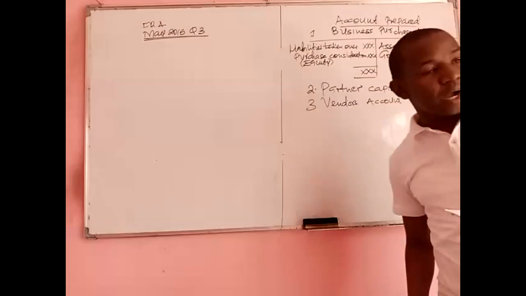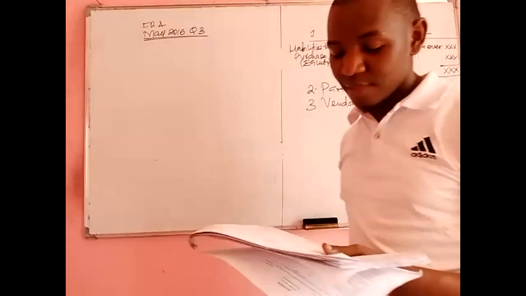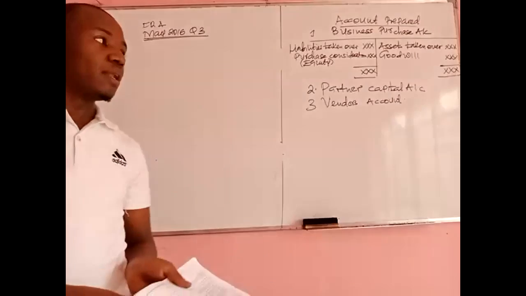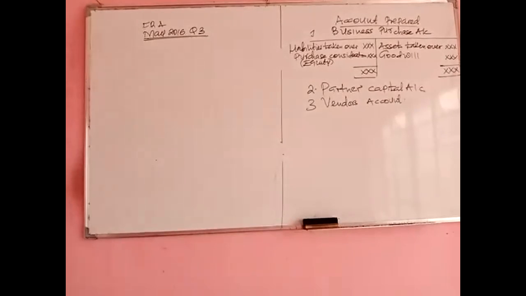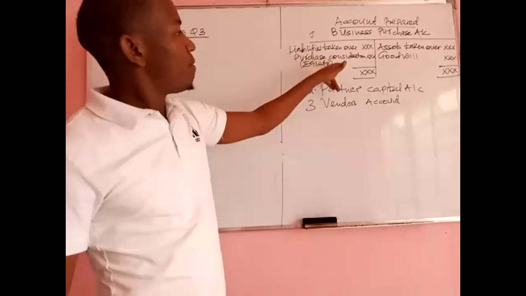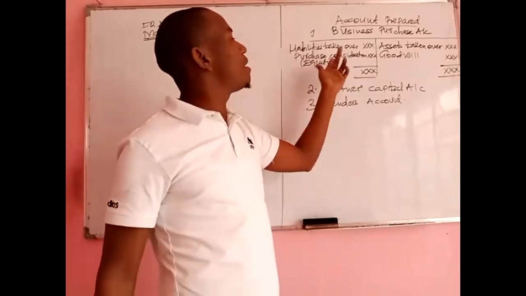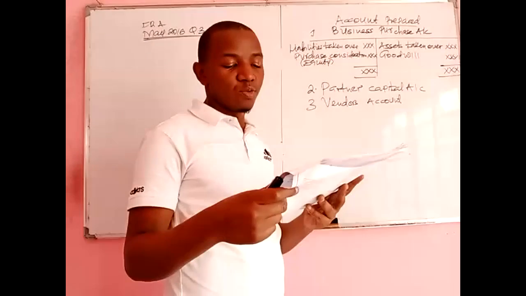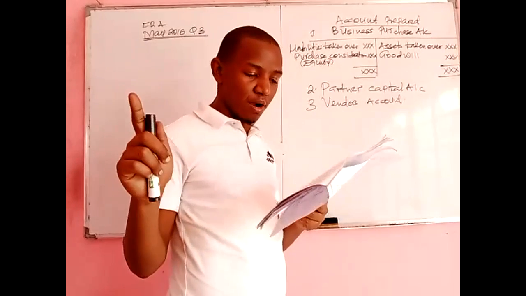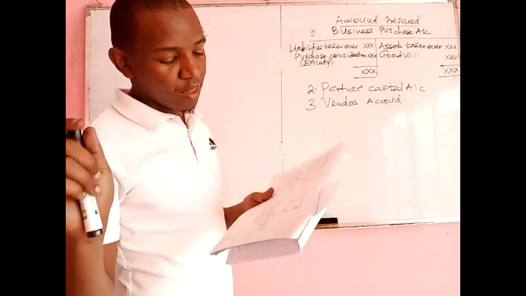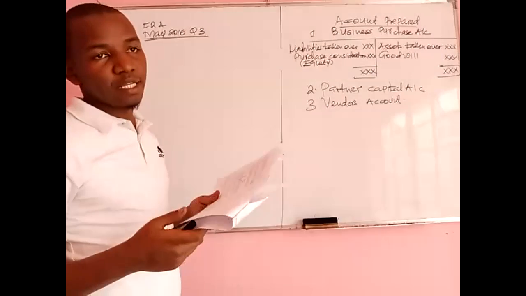So we are required, Roman number 1, the business purchase account. Now, business purchase account, remember, in this case we will just take the assets taken over, purchase consideration, which in this case mainly will help us to get the purchase consideration. Because in our case, when we look at additional information number 3, on 1st January, the purchase consideration was settled.